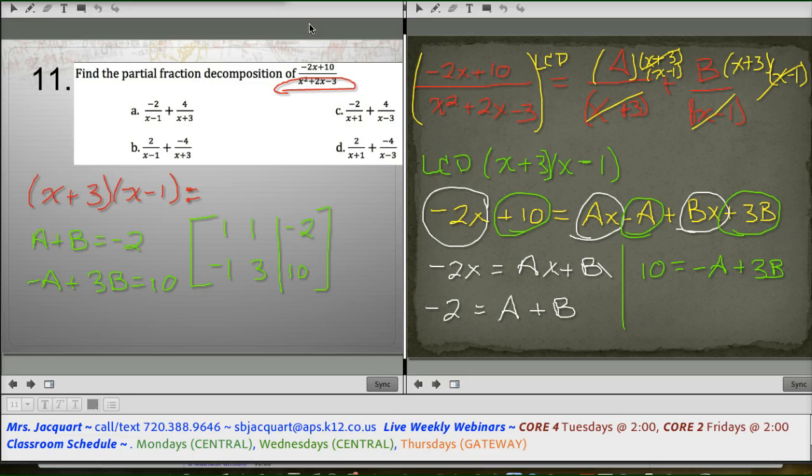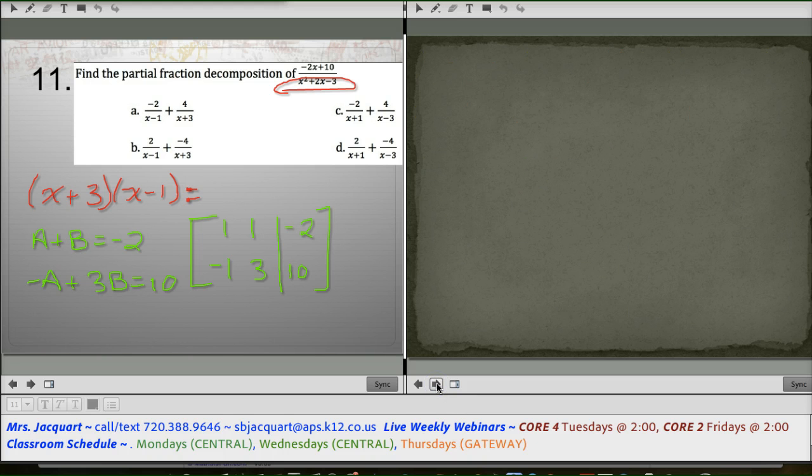So I'm going to use Cramer's rule to help me solve this. Okay, so for A, the determinant at the bottom is the same for both: 1, 1, negative 1, 3.